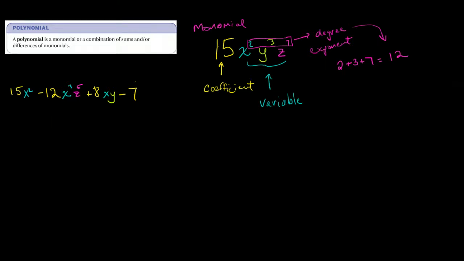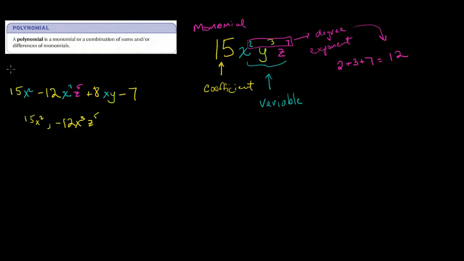First of all, we want to know what are the terms of this polynomial. And the terms, I'm not going to use all the different colors, but the terms are 15x squared. Another term is this negative 12x to the third z to the fifth. Notice I brought in the minus sign. The minus sign is the sign of the 12.